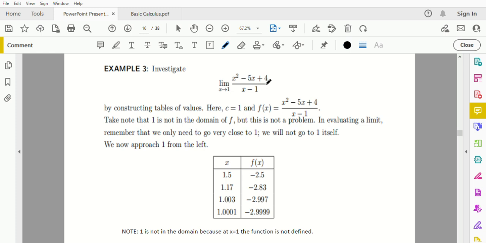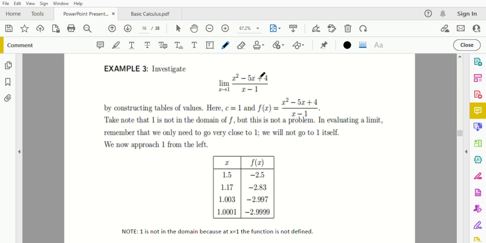By just looking at this, x equals 1 is not in the domain because x minus 1 is 0. When x is equal to 1, this rational function will become undefined. So basically, 1 is not part of the domain.